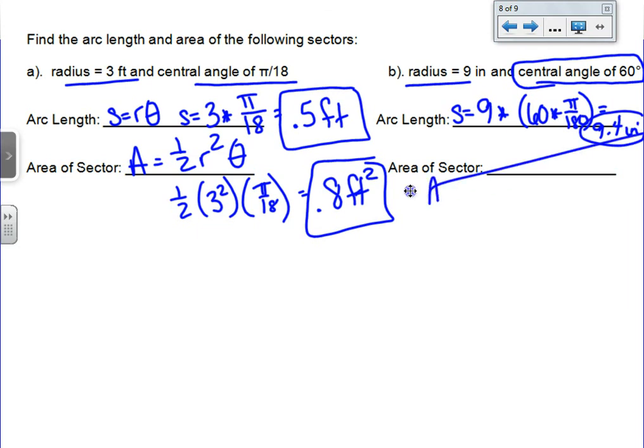Okay, same issue for area of a sector. Area of a sector is 1/2. Radius is 9. We got to square it for this formula. And then 60 times, you got to convert it to radians, pi over 180. So again, one step on your calculator, it does the work for you. Can someone tell me what they get?